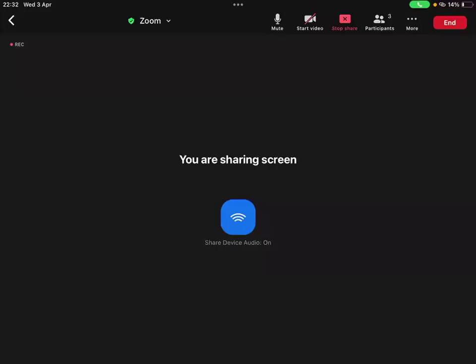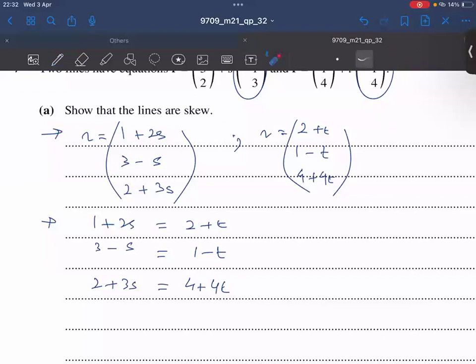All right. So I'll choose this pair of equations, the first and second one, and I'm going to be solving them simultaneously. So the first equation could be written as 2s minus t equals 1, and this could be written as minus s plus t equals minus 2.